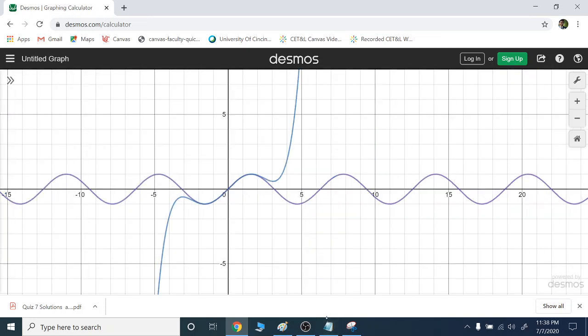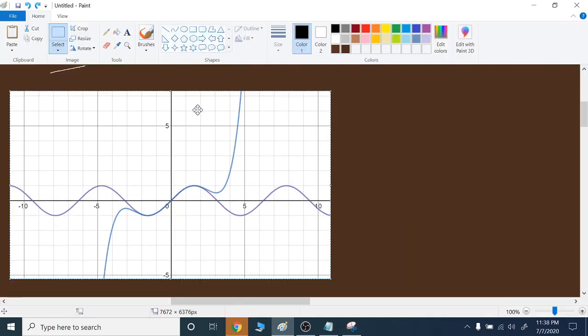Let me take that image to our paint window. Alright, there you have it. Okay, anyway, this small interval is a nice region, right?